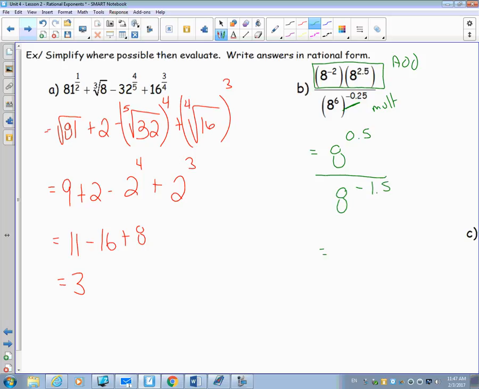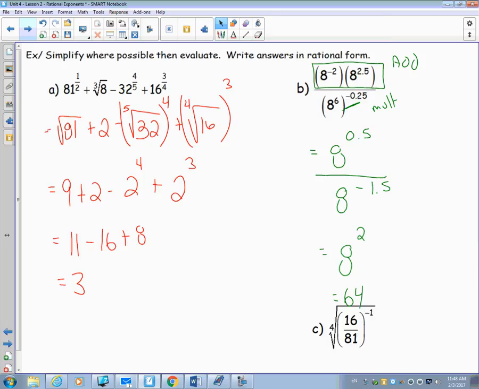I've got bases that are the same and they're dividing, so I can subtract those exponents. That'll give me 8 to the 2. Oh, that's easy enough. That's 64. Okay. Don't deal with the negative signs or the fractions or the decimals until you've tried simplifying things. Hey, if you can apply exponent rules to make it easier, let's try and do that first.